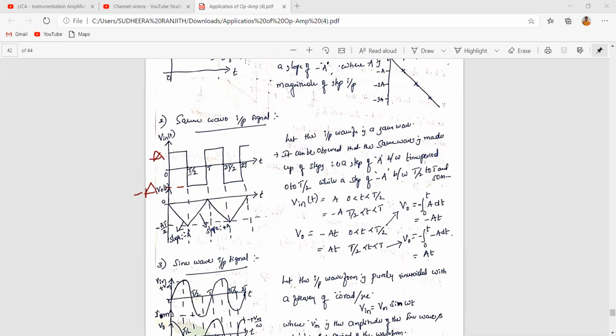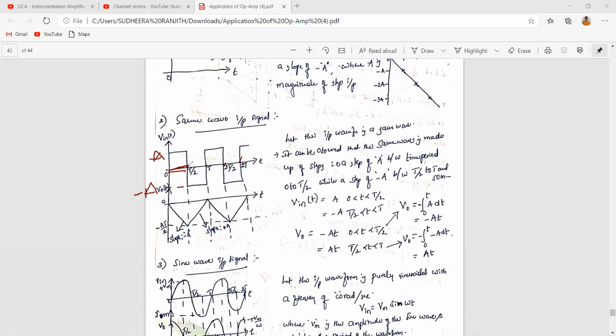So I'm dividing the waveform into these intervals. So tell me, from 0 to T by 2, what is the input signal magnitude?